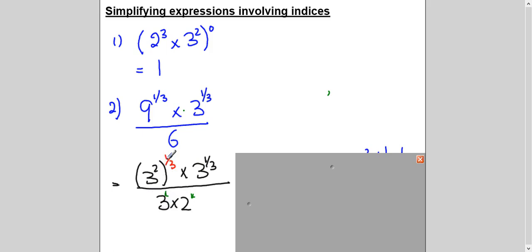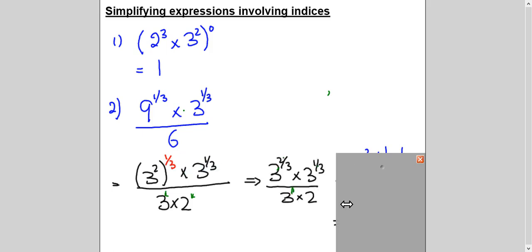Now this will multiply, it will become 2 over 3. And what will happen with this one? Because there is multiplication and the base is the same, you can see here, the base is the same. There is multiplication, so these powers will be added. And this division sign and 3 power 1, so this power will be subtracted.